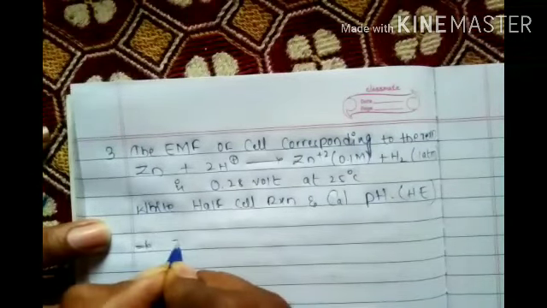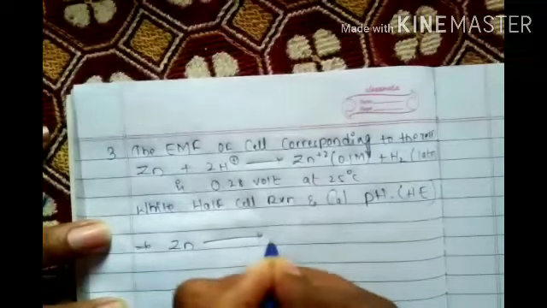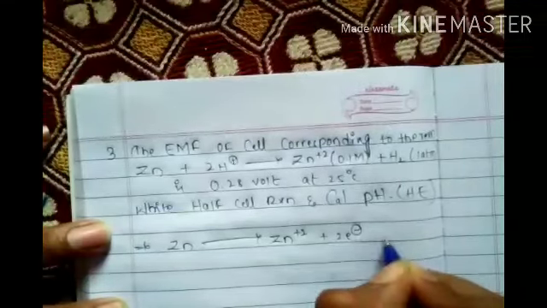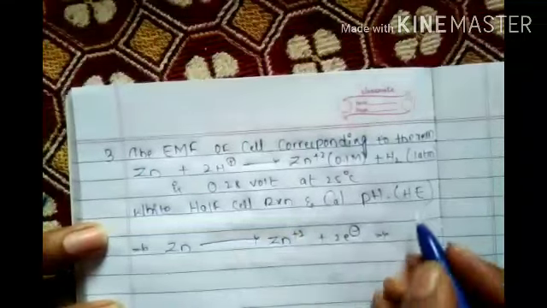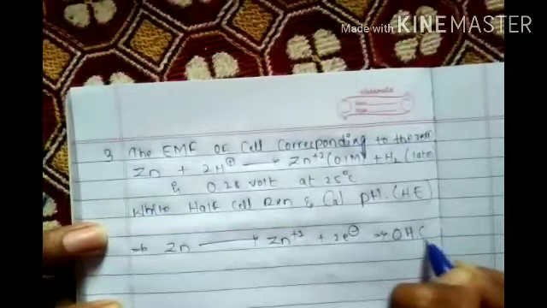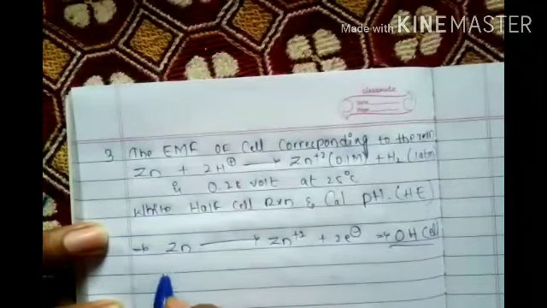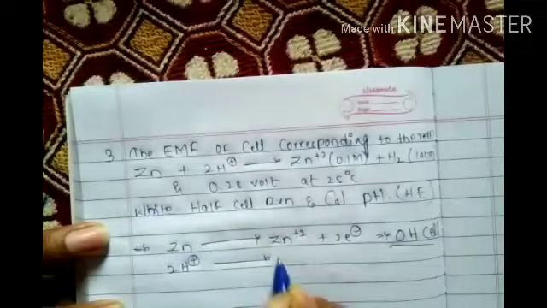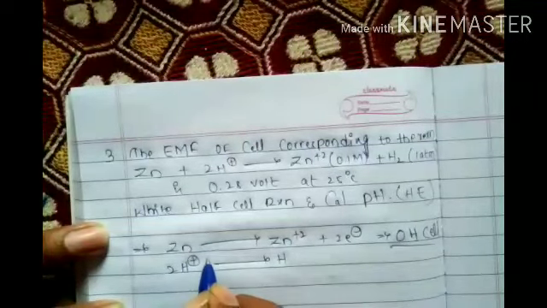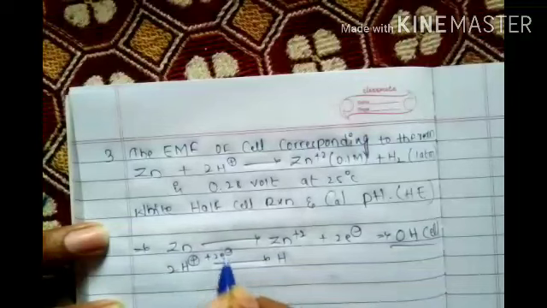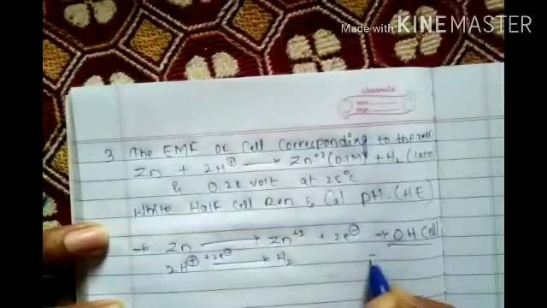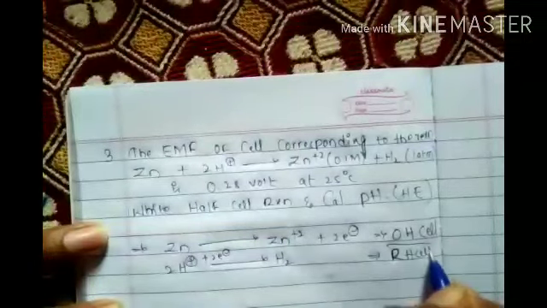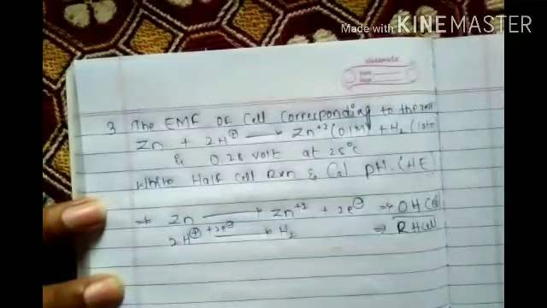Now first Zn gives rise to Zn plus 2 electrons, releasing electrons means what? Oxidation of cell. Now hydrogen, 2H plus gaining 2 electrons gives rise to H2. It is reduction reaction.